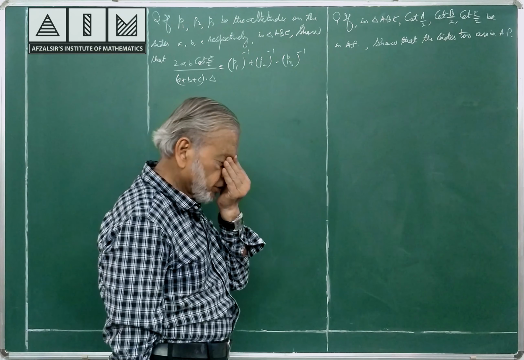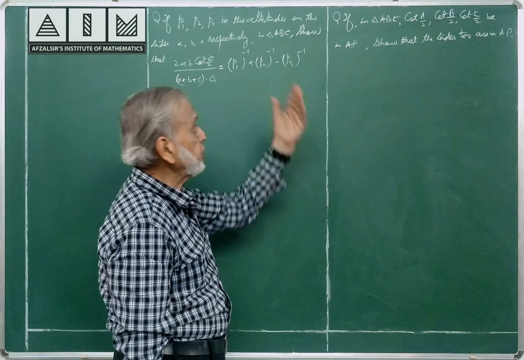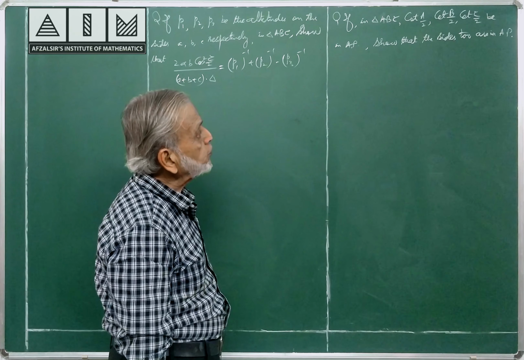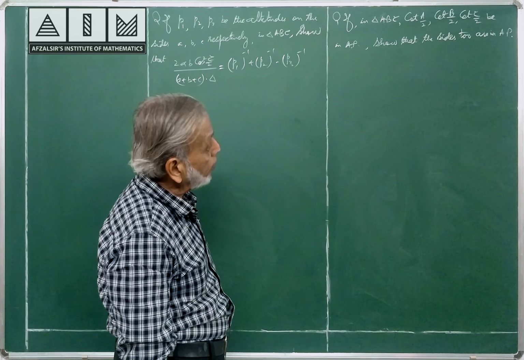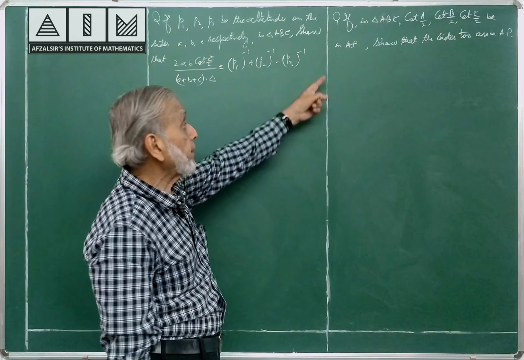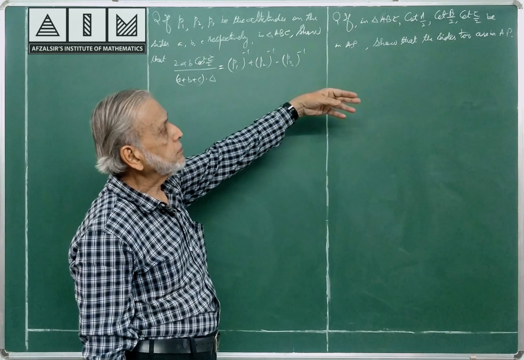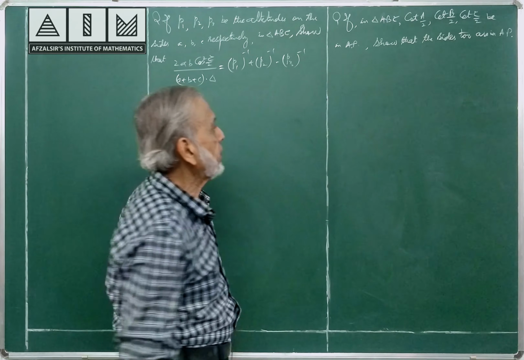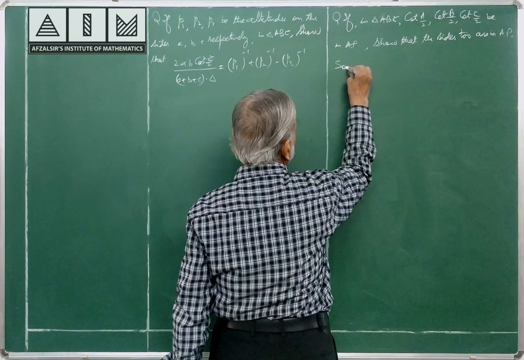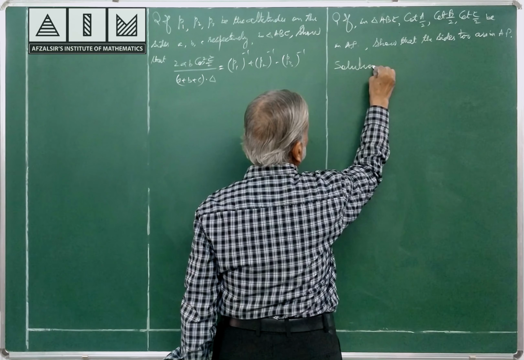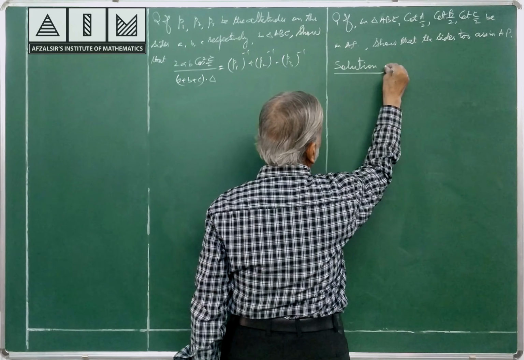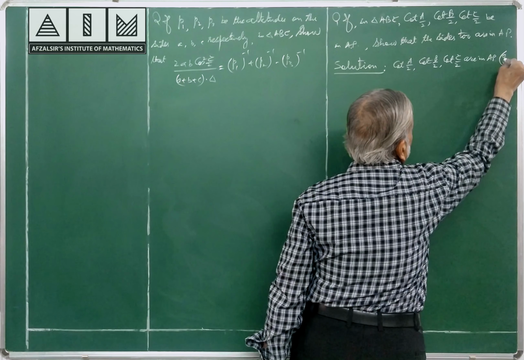Another important question, rather important type, please see. If in triangle ABC, cot A by 2, cot B by 2, cot C by 2 are in AP, show that the sides too are in AP. Solving. This is given.